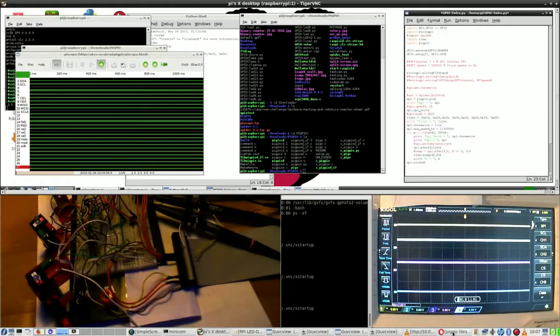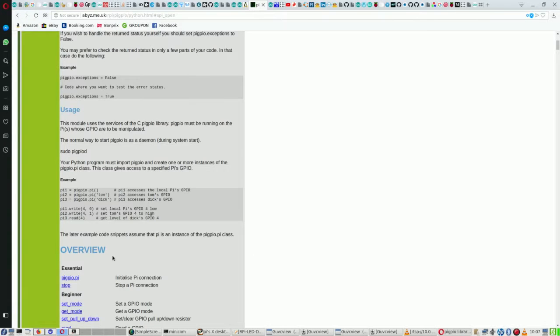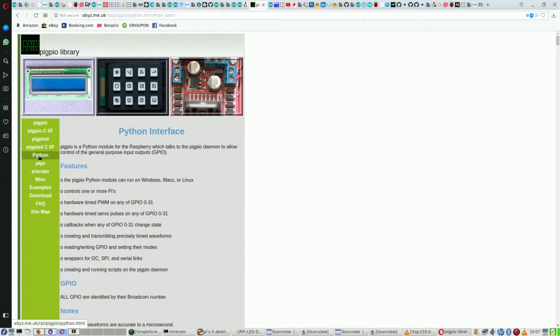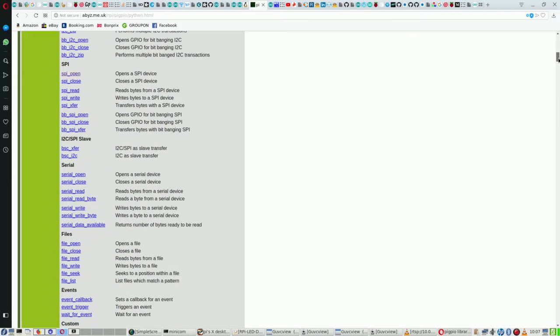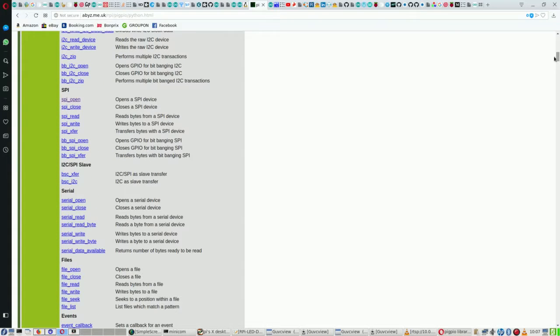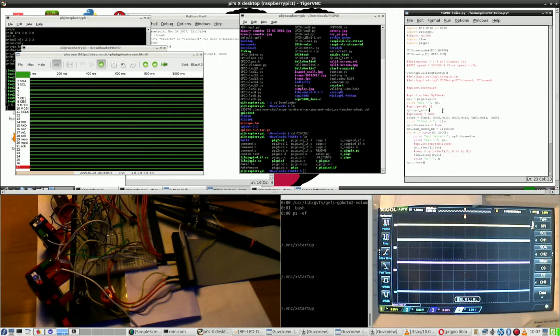I need, and let me check that for sure, go here, select Python. And then select SPI. It says spi_write opens and writes. So I do have to open it first, of course.